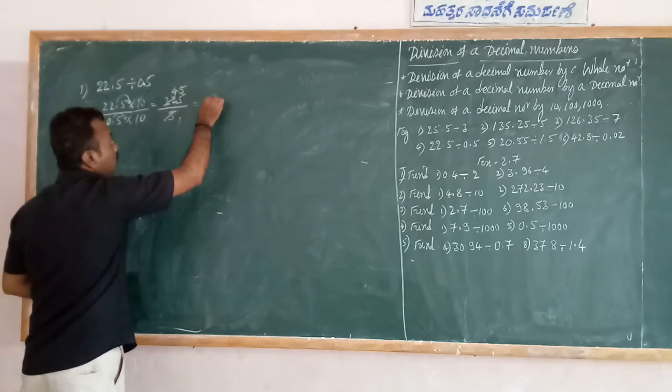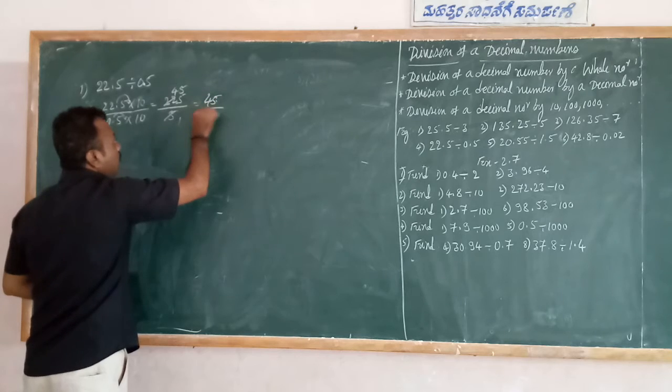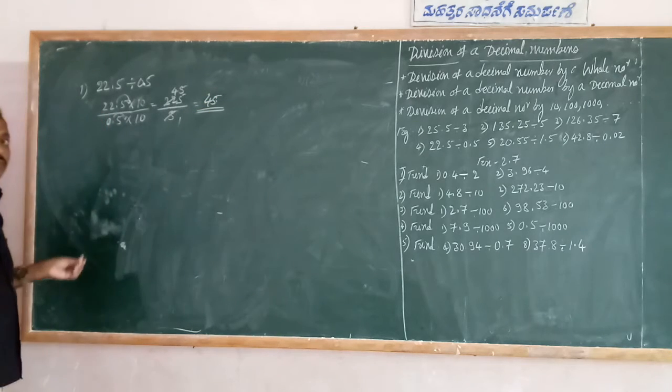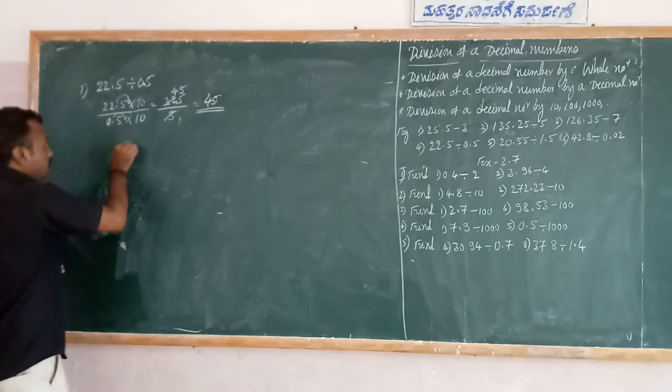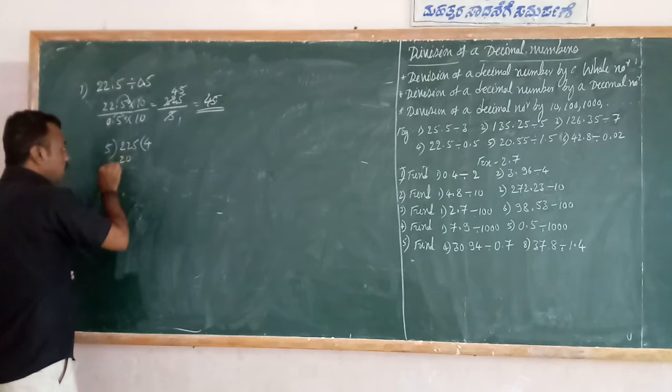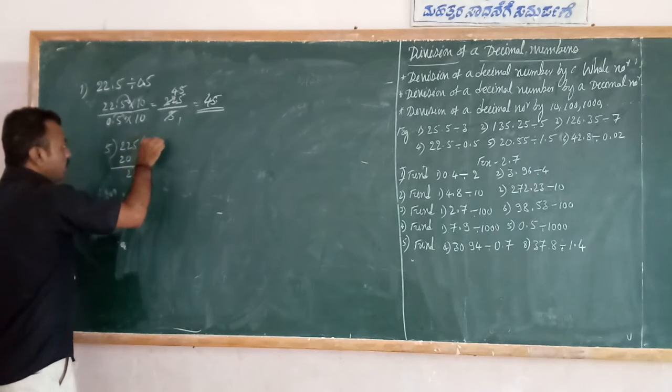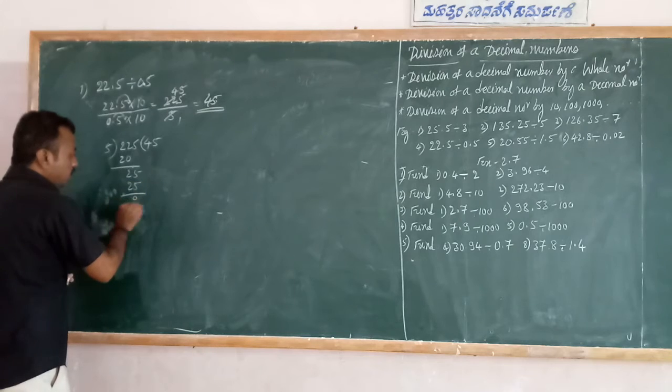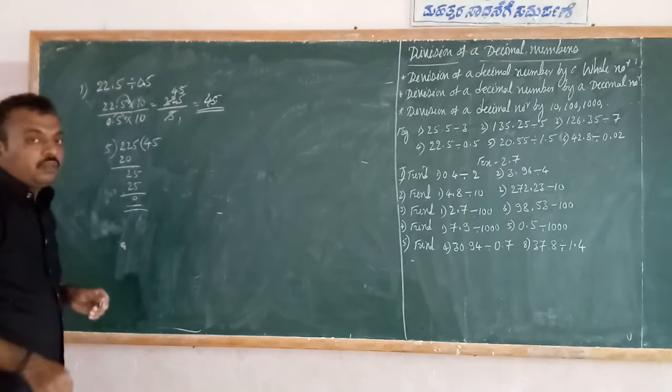It becomes 45, that is the answer. Are you understood? Very simple. Otherwise you can divide like this also. 5 fours are 20, remaining is 2. 25 becomes, 5 fives are 25. 0. So the answer becomes 45.